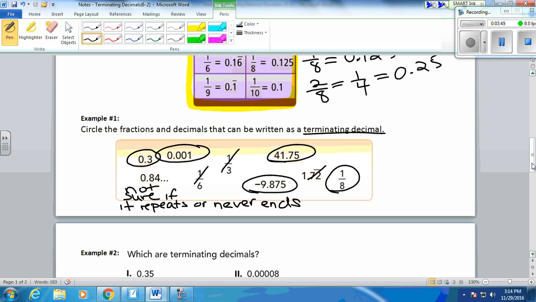We're not sure about the 0.84 because we don't know if there is a pattern of 84 or if it really never ends. Either way, if it has dots at the end, it's not terminating, so that's why I'm not choosing that one.